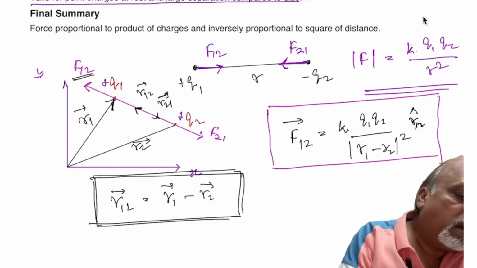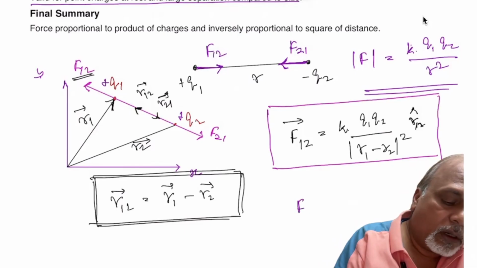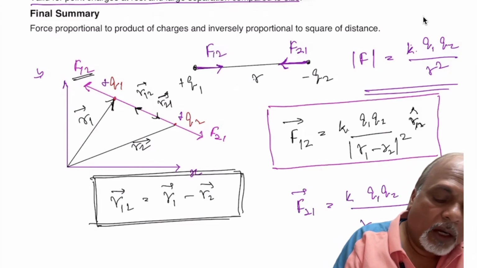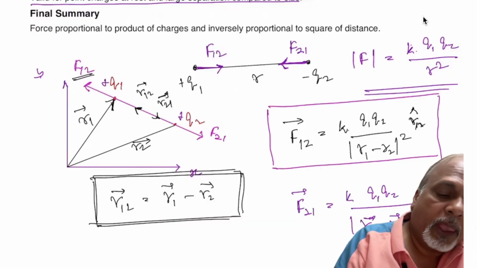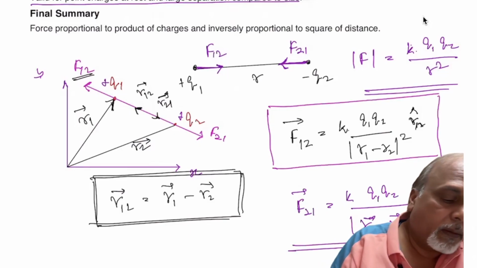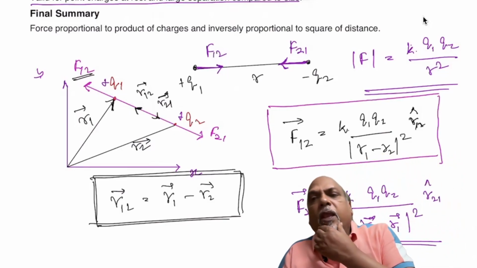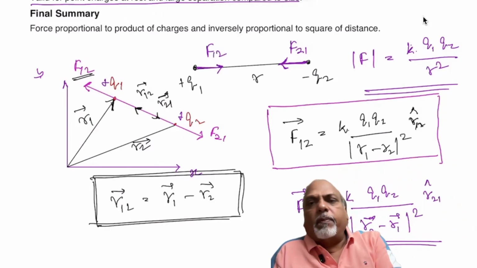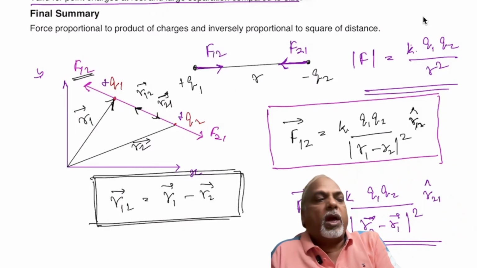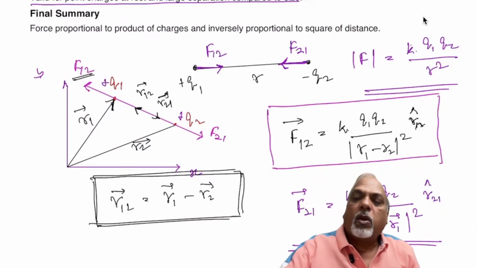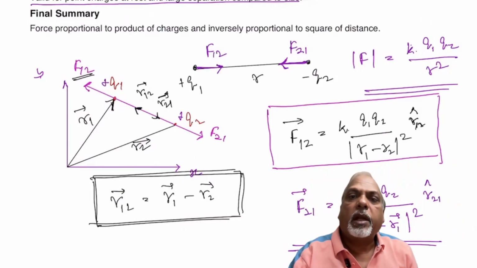If you want to write F21, then K Q1 Q2 upon the magnitude of R2 minus R1 squared, and then the unit vector. So this is the vectorial representation of basically Coulomb's force. Correct?